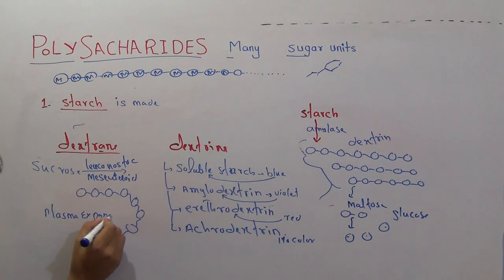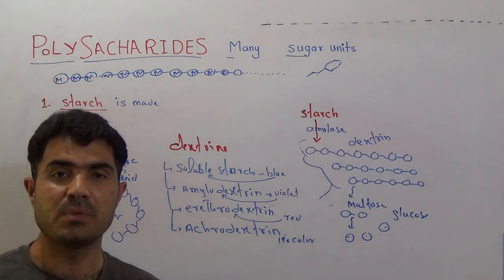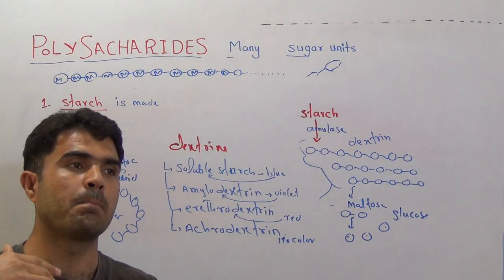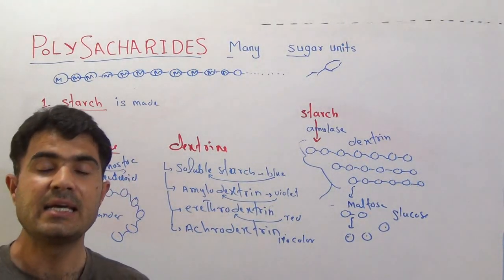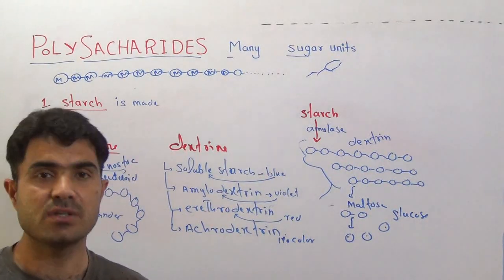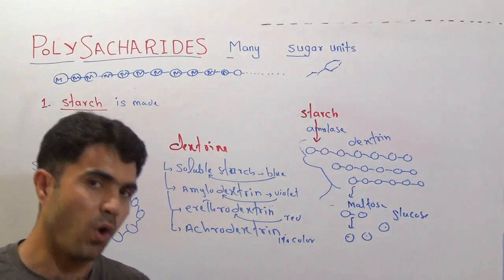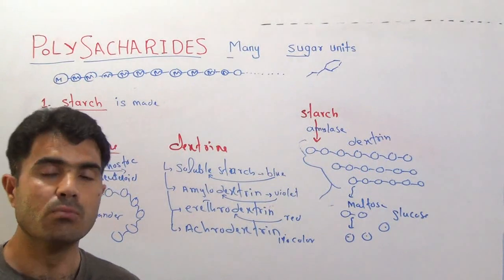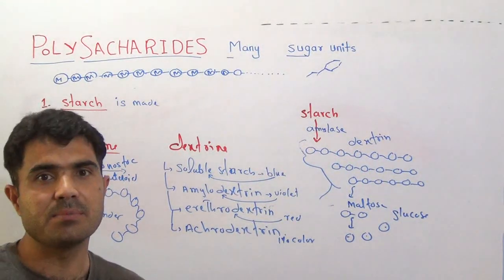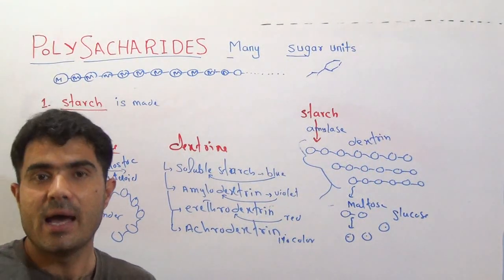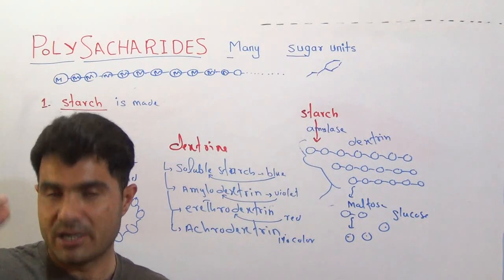What is meant by the word plasma expander? If during some emergency situation, during an accident or surgery, your blood is lost and you need more blood, less blood means less plasma, and there is a chance of low blood pressure.